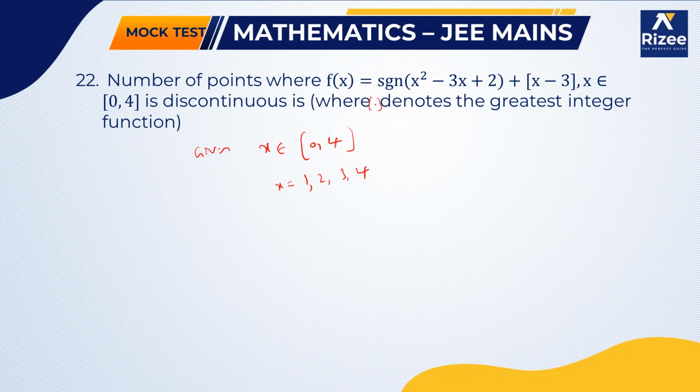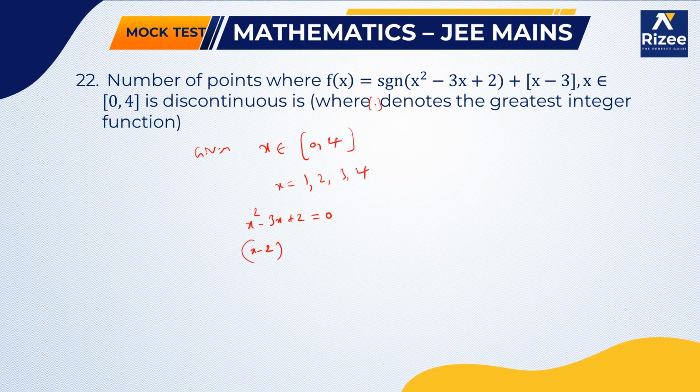I am taking the function signum of x square minus 3x plus 2 equal to 0. By solving this, x minus 2 into x minus 1 is equal to 0. X is equal to 1, 2 are the two roots of this function.